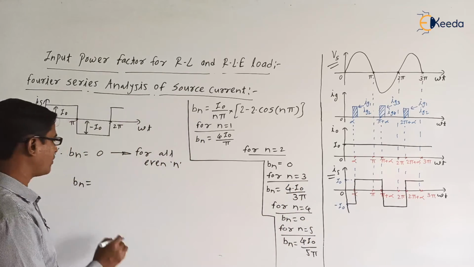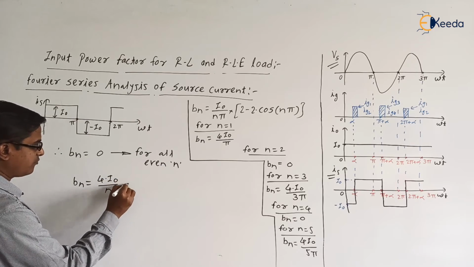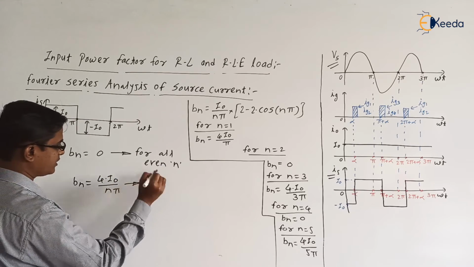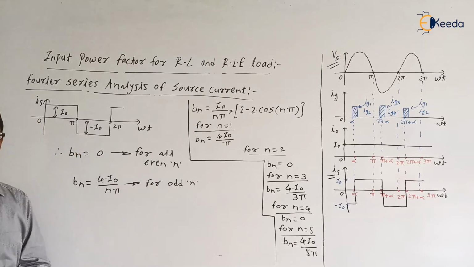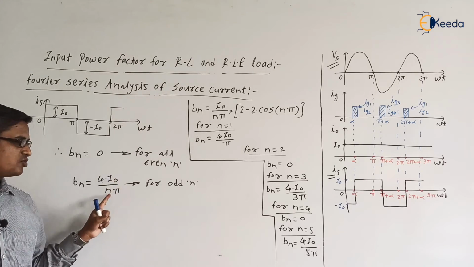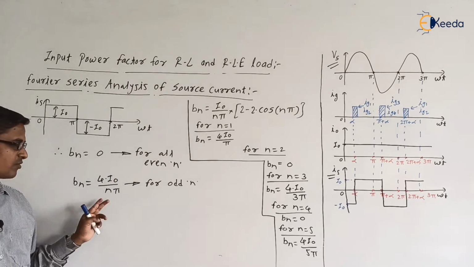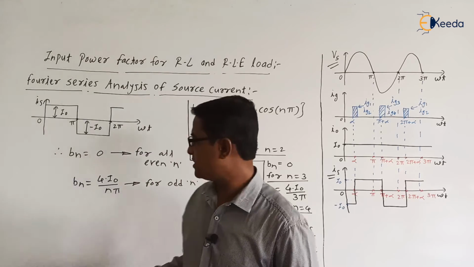So we can write it as 4 I0 divided by n pi for odd values of n. If n is 1, it will be 4 I0 by pi. N is equal to 3, it will be 4 I0 by 3 pi. For n is equal to 5, it is 4 I0 by 5 pi. In this way, we can represent the Bn.